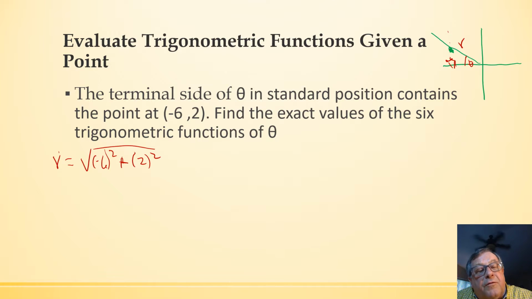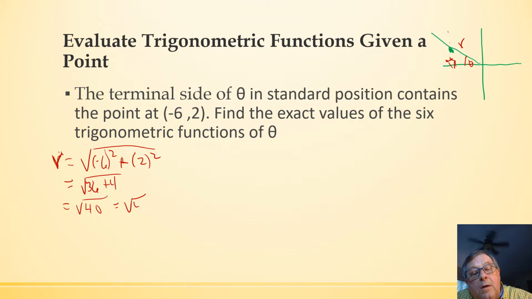We're substituting r for c, and we're taking the square root of that. So negative 6 squared is 36, and 2 squared is 4. So now we're talking about the square root of 40. And we can simplify the square root of 40 as the square root of 4 times the square root of 10, which then is going to be r, equal to 2 square root of 10.